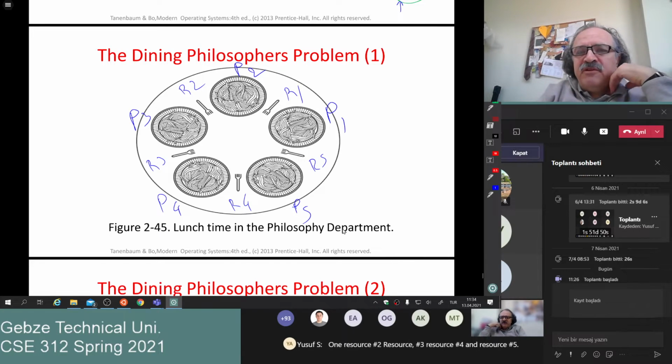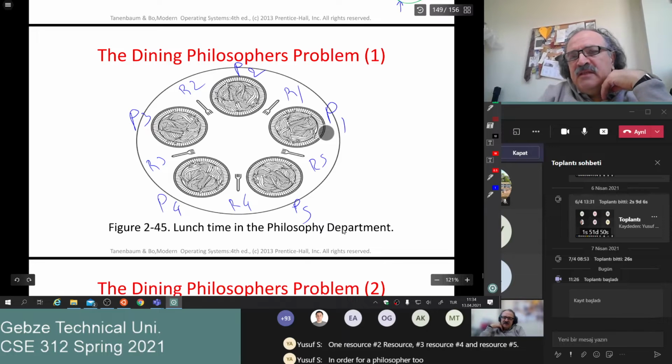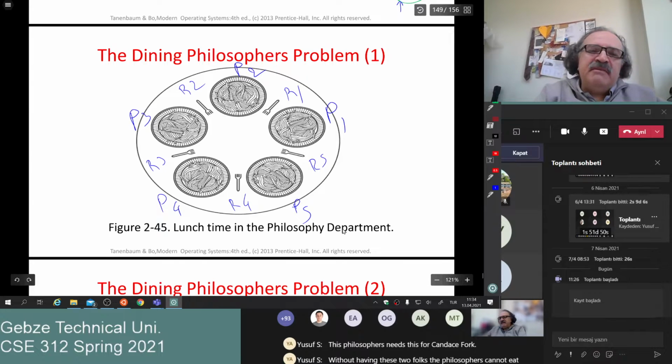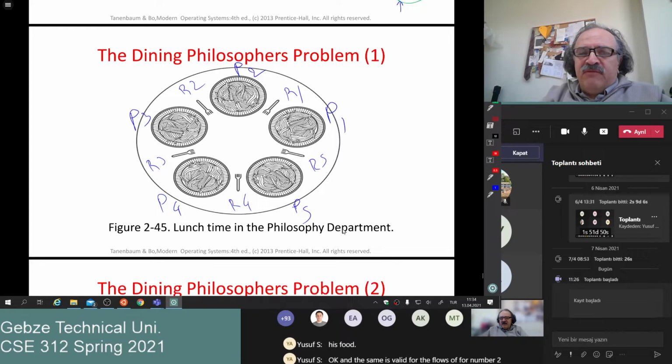In order for a philosopher to eat, this philosopher needs this fork and this fork. Without having these two forks, the philosopher cannot eat his food. And the same is valid for philosopher number two and for all the philosophers. So each philosopher, to be able to eat, needs two forks.